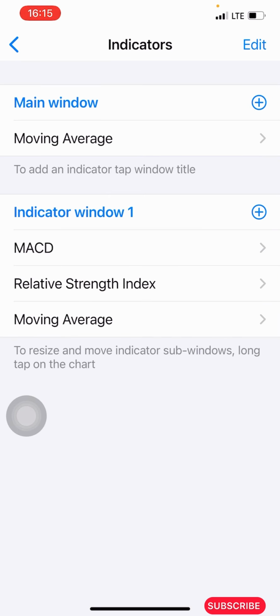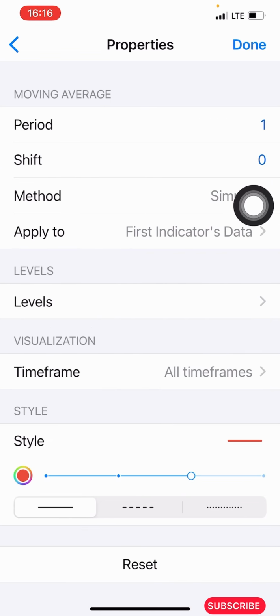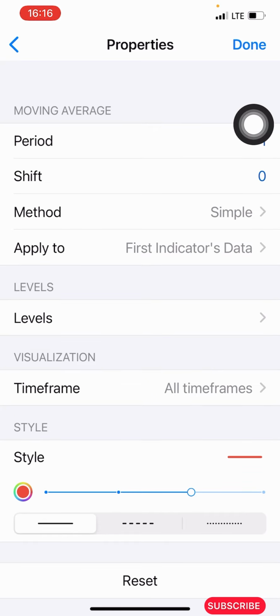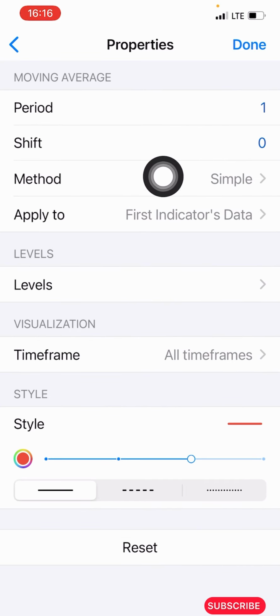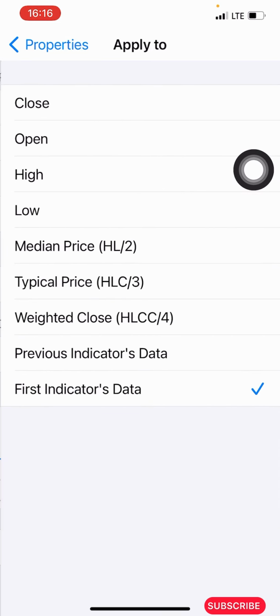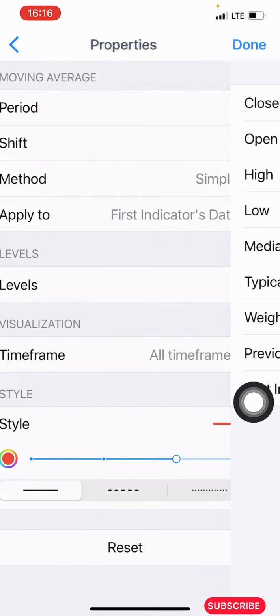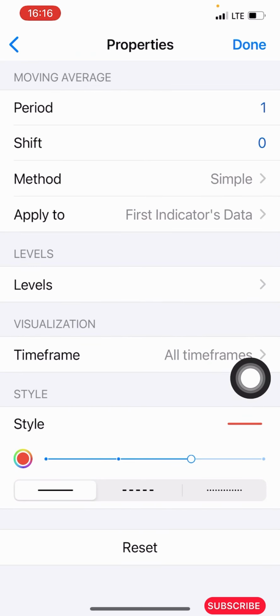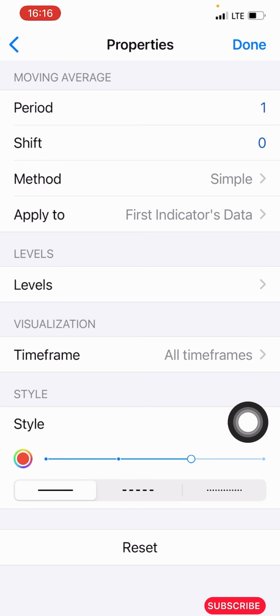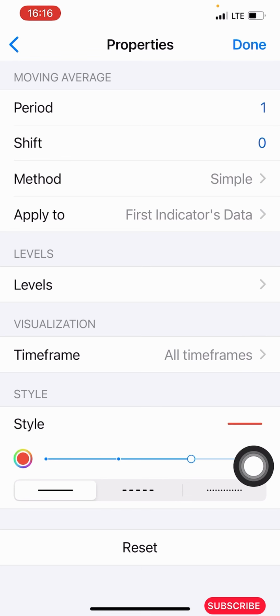The last indicator is still a moving average, so click on this second plus icon again and search for a moving average. The period is 1, the shift is 0, method is simple, apply to is first indicator's data. You go back, leave the level as it is, time frame all time frame, make the star color red, 3 pixel, and click on done.